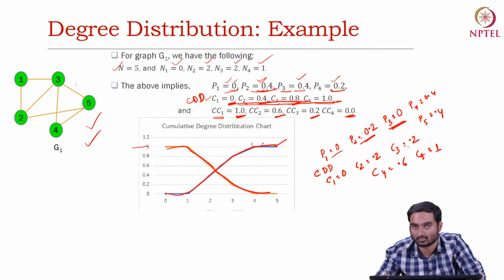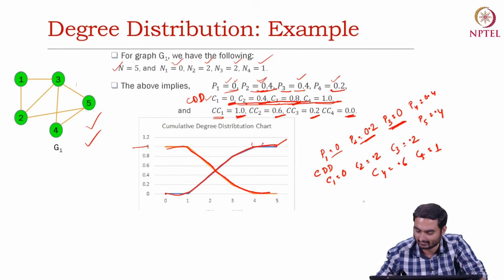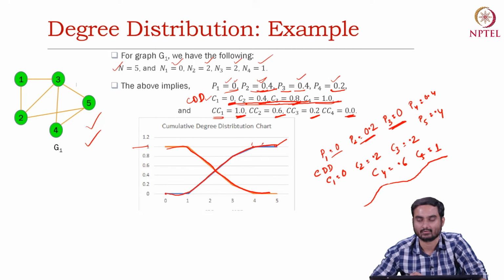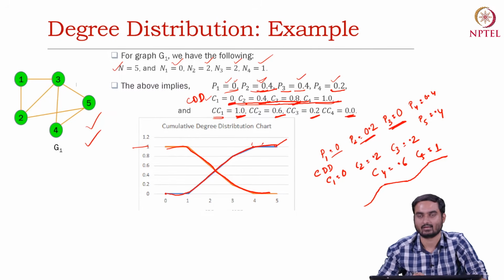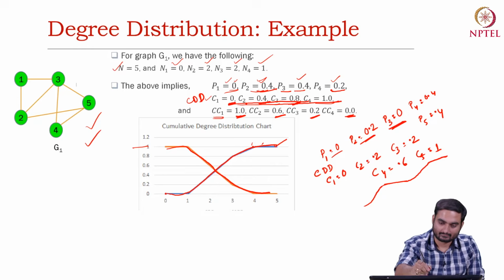So there will be no break in between. So you will see that it would look like this: 0, then 0.2, 0.2, 0.2, 0.6 and 1, something like this. You will see a plateau here, I mean a horizontal line here. Similarly for the CCDD.